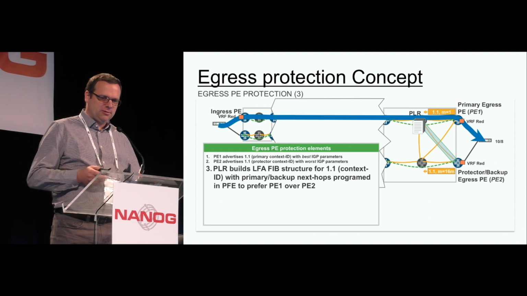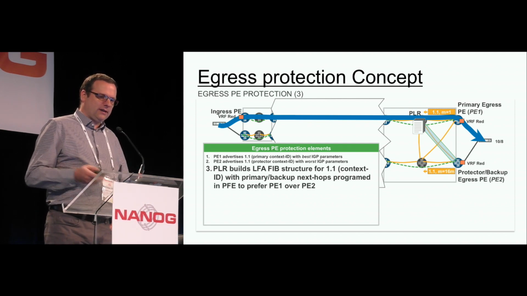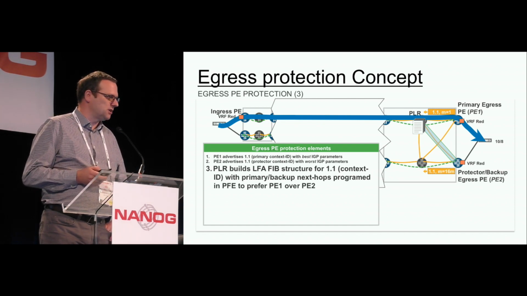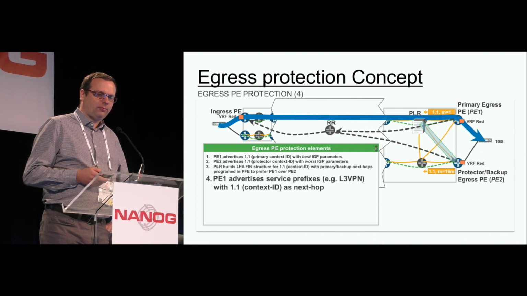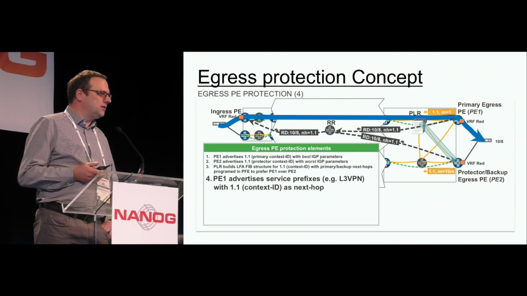The primary next hop on the PLR will be P1, and the backup next hop will be P2, based on normal LFA action. So nothing special is required on the PLR. All right, in the next step, both P1 and P2 advertise the service prefixes, the VPN prefixes. We have some CE connected to P1 and P2.